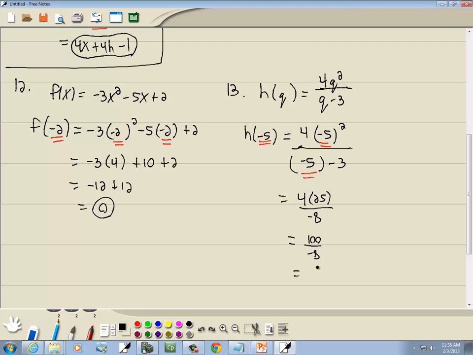These are both divisible by 4, which gives us 25 over negative 2. And that's our answer. You could also simplify it up here. We've got 4 and the negative 8. Because if this is multiplication up here, 4 times something, then you can do that. Can't do it up here. Can't do the negative 5, because there's other items here, the minus and the squared.